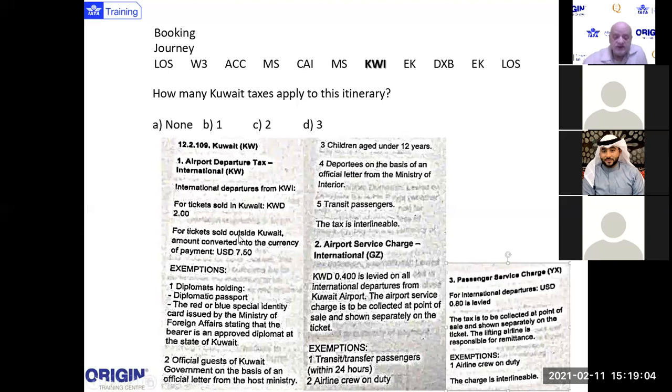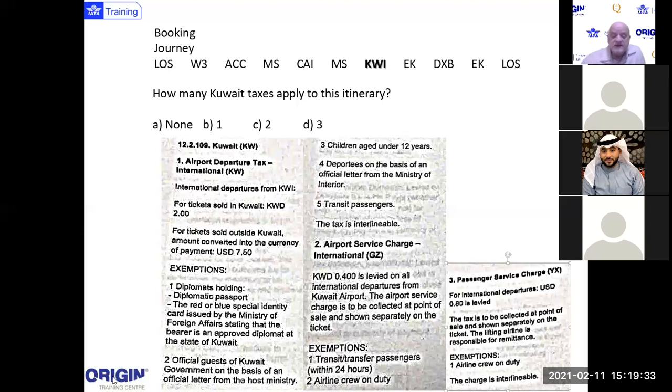For tickets sold outside Kuwait. Yeah, this would have been sold outside. The amount converted into the currency of payment, USD 7.5. So you have to collect USD 7.5 and convert that into the currency of the country of payment. So far, we have got 1 tax to pay.